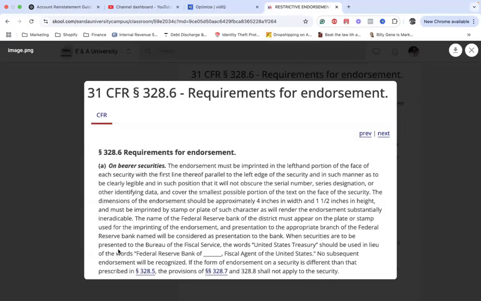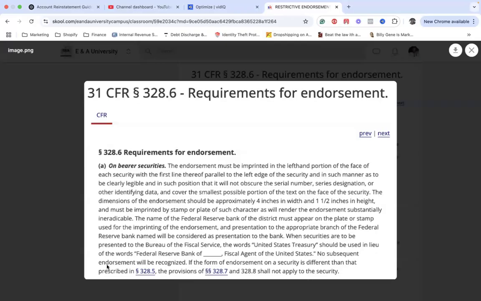When securities are to be presented to the Bureau of Fiscal Service, in other words, United States Treasury, and that's why you replace United States Treasury with this, because it's not going to them, it's going to United States Treasury. So that's where they're telling you to put it, in lieu of the words Federal Reserve Bank of.